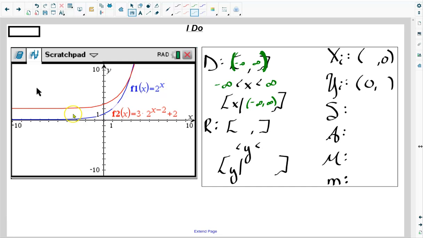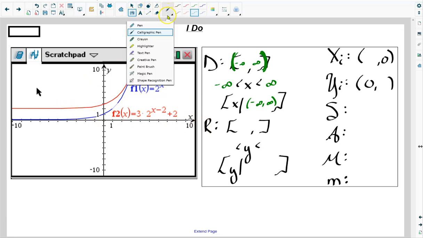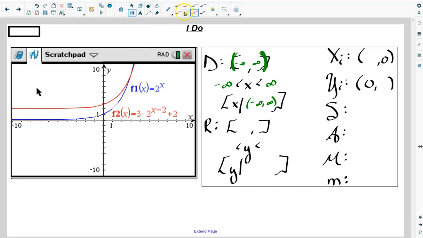Now the range. Again, we're looking at red. By the way, this line here looks like it's going to have an asymptote. I'm going to jump the gun. I don't know if you guys will allow me to do that. But it looks like this red line's got an asymptote about here.